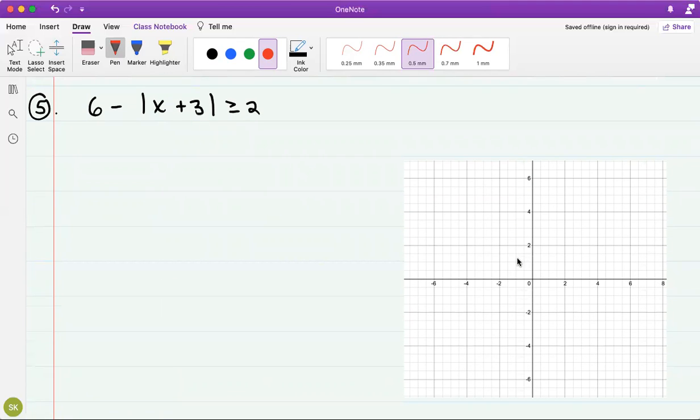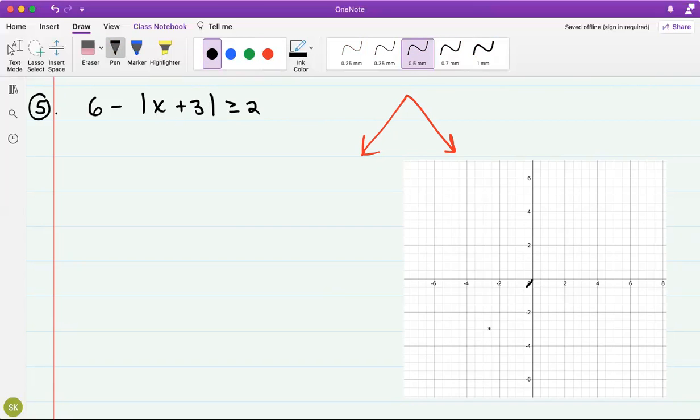Now again, you can graph this one. I don't want to graph it. You can. You might notice that we have a negative on the outside. That's going to correspond to flipping this absolute value function upside down. So what you're going to have if you graph this, this is actually not too bad to graph, but you're going to have something like this. I can graph it really quickly.